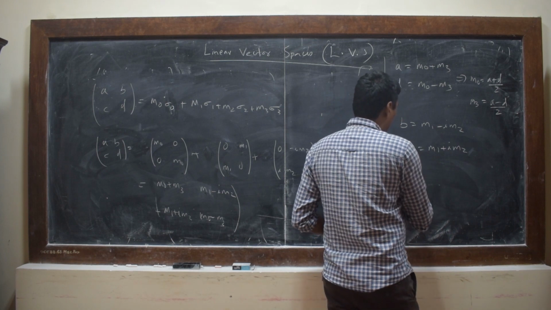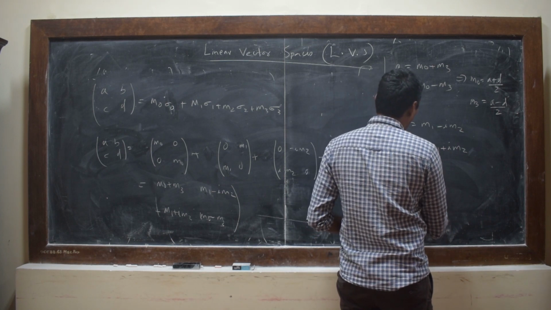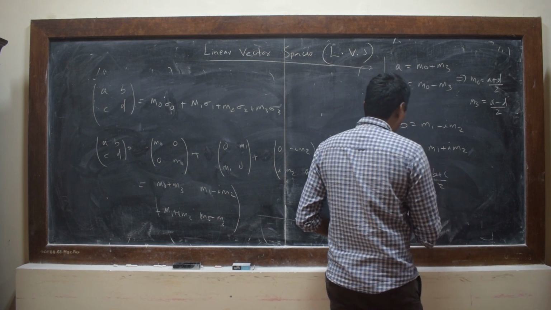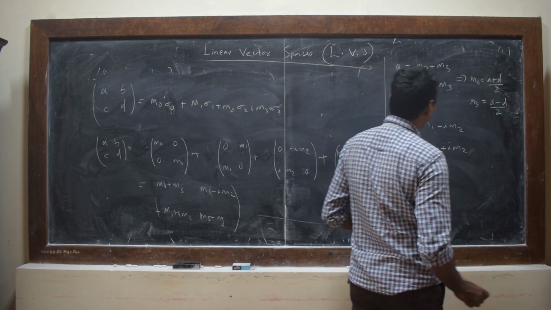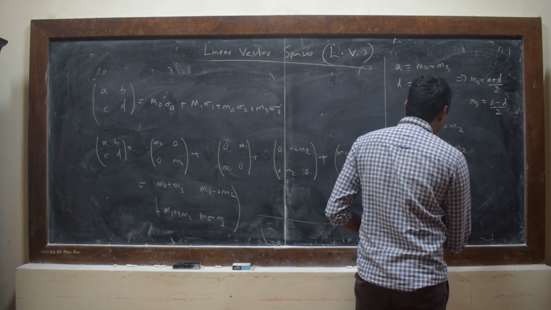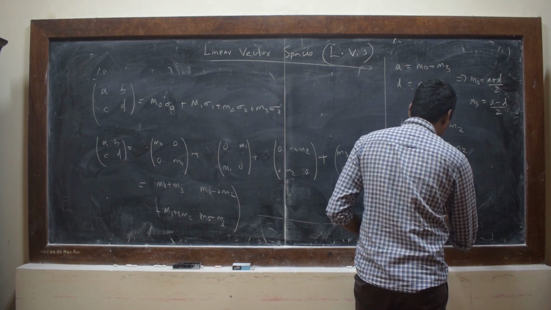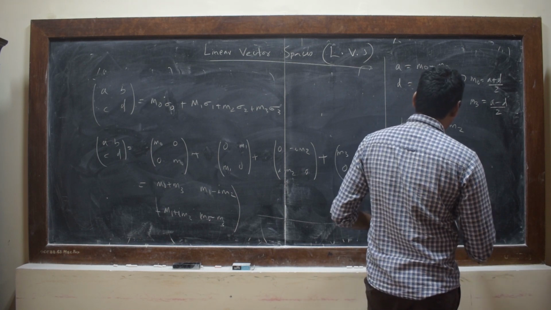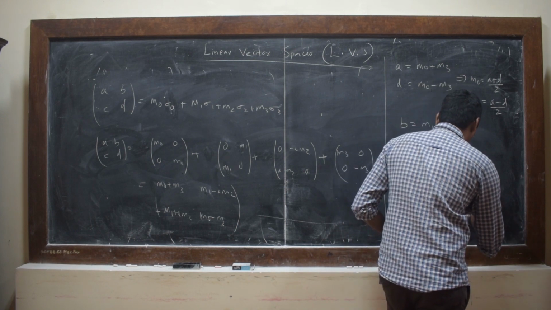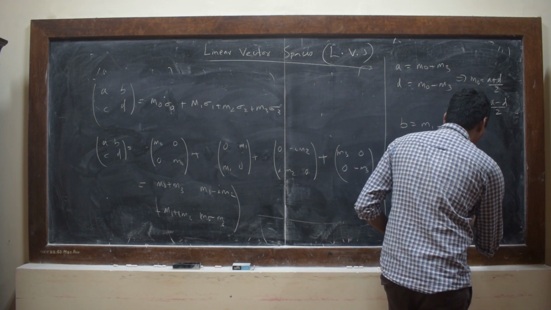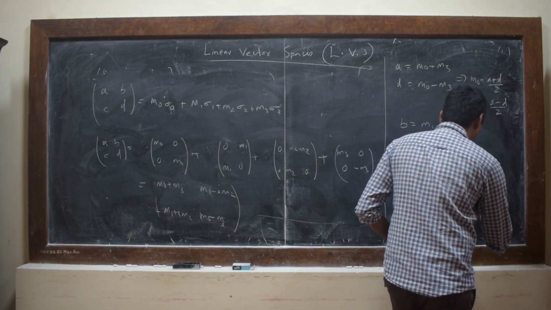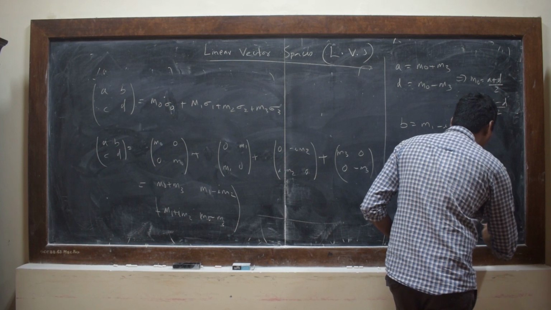So B plus C gives m1 equal to (B plus C) by 2, and m2 is equal to (C minus B) divided by 2i, which implies i into (B minus C) divided by 2.